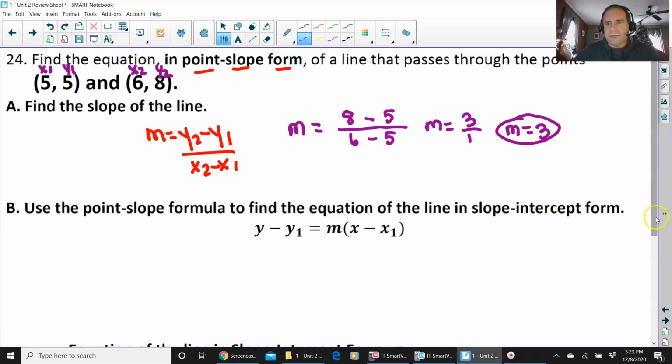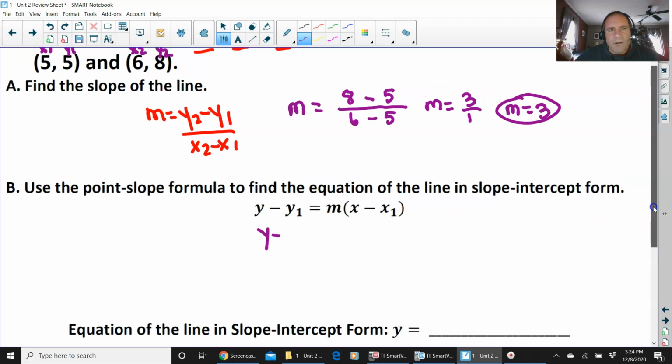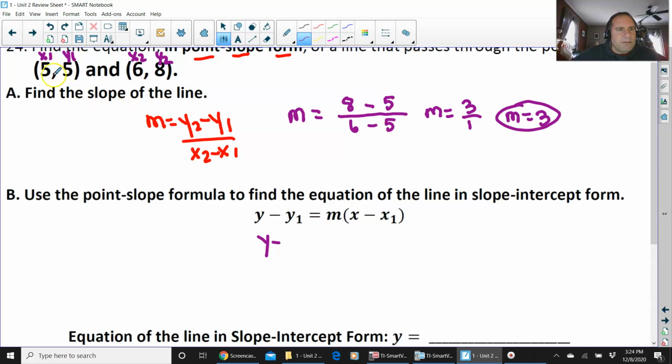So now it says use the point-slope formula, and we give you the point-slope formula. How generous. All right? Point-slope formula, y minus, and I'm going to take my y1. I'm going to use my same number here that I put for y1, which is 5. Equals the slope, which is 3, x minus x1, which is 5.